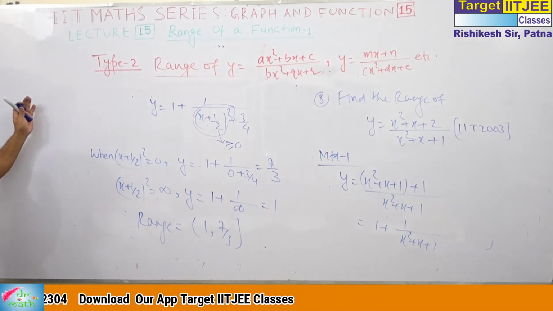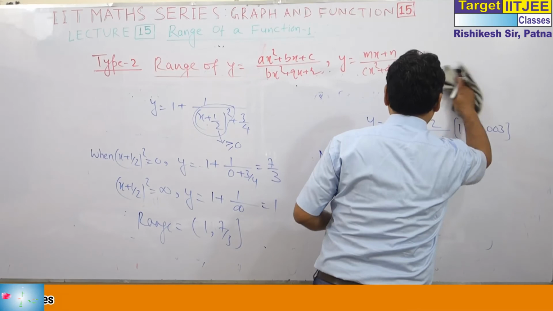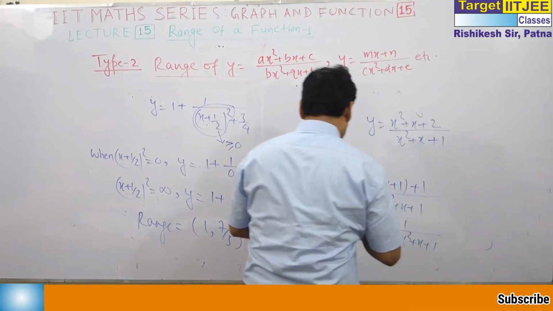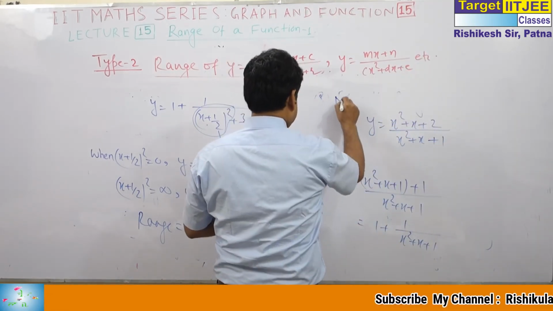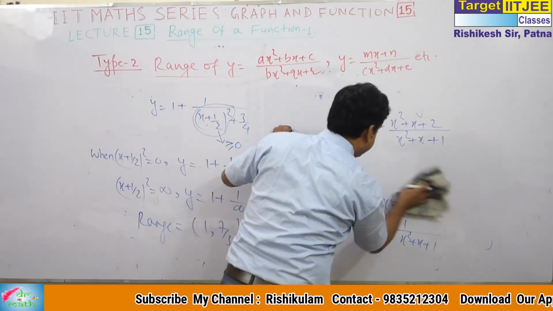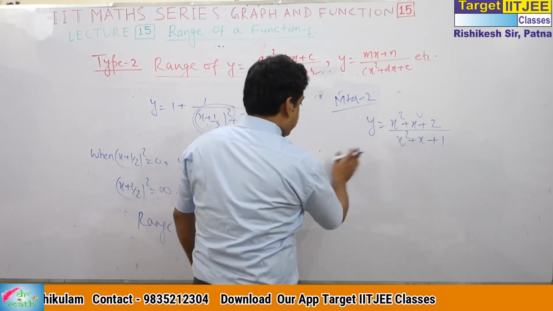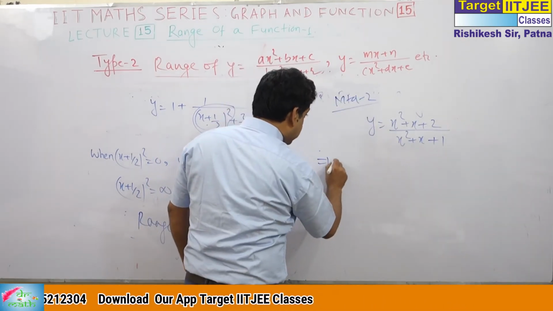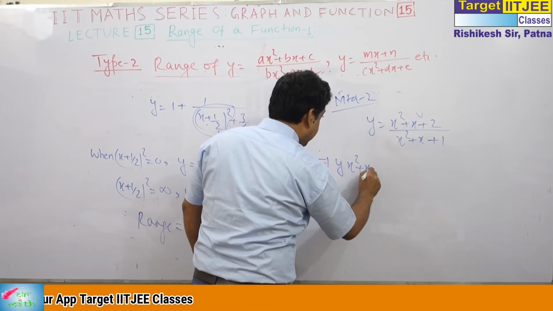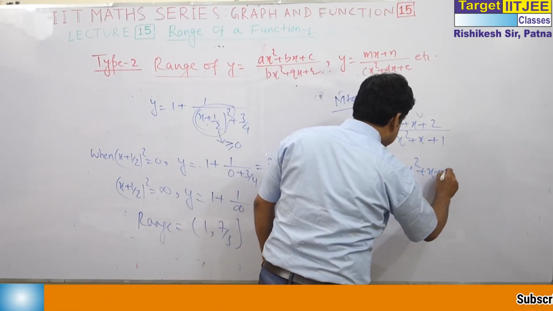Now go for the second method. I hope you have copied. What is the second method? Method 2. What we do? This is actually y equal to x square plus x plus 2 by x square plus x plus 1.